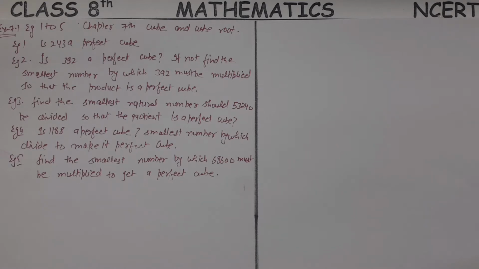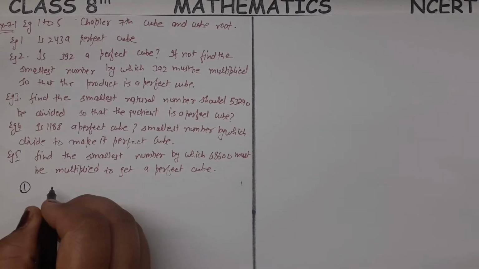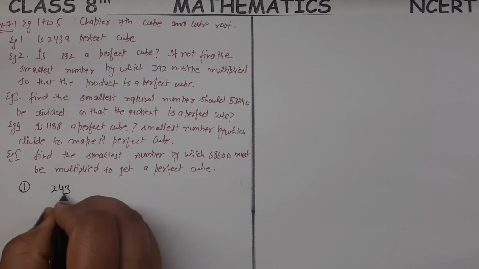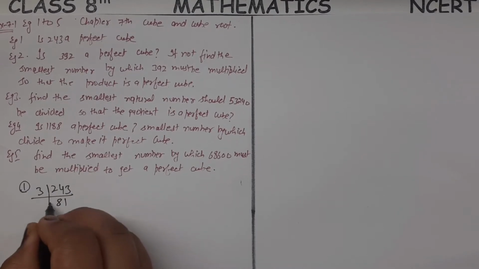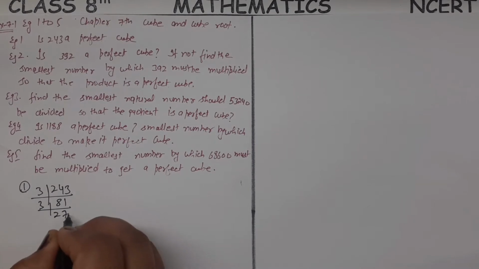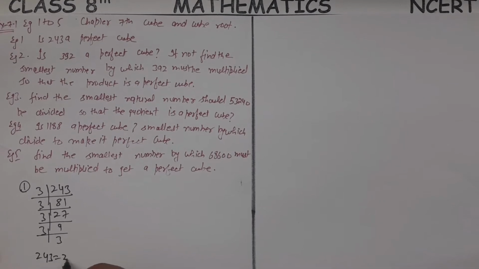Example number 1. Is 243 a perfect cube? Its solution: divide by 3, one, 2, 3, 4, 5.